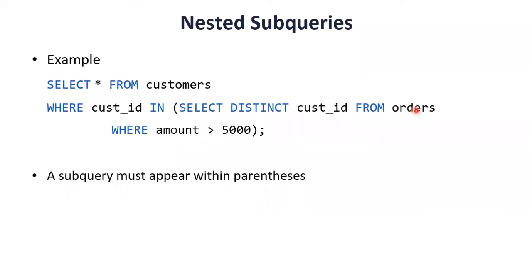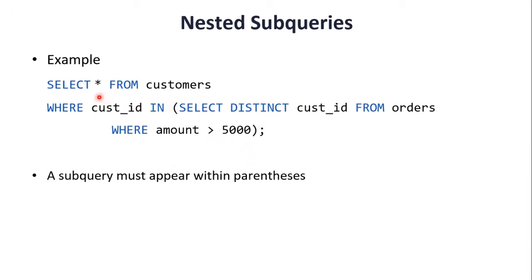This will select all the order records which have an order amount greater than 5,000. And since it says distinct customer ID, it will only select the customer ID column from the orders table. Again, distinct means only the set of unique customer IDs will be selected.